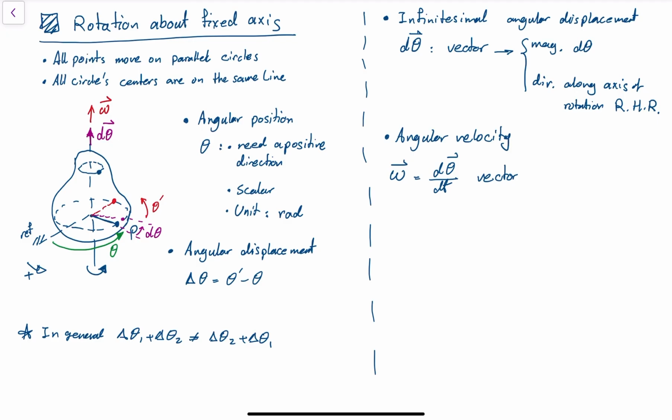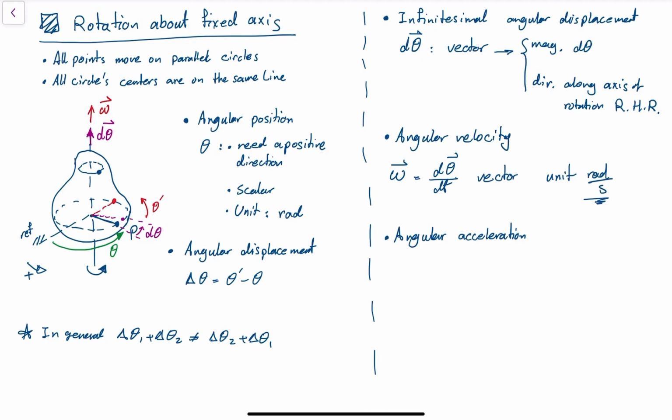And finally, you can define angular acceleration. Oh, by the way, this unit is radians per second. Never use RPM or degrees per second or any other unit when doing calculations. It has to be radians.